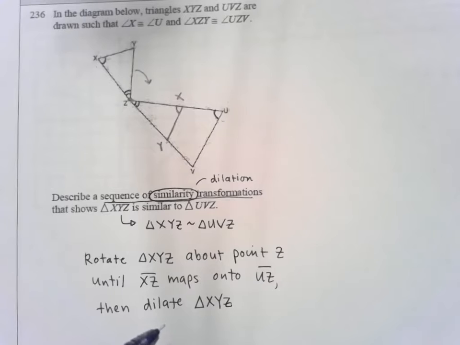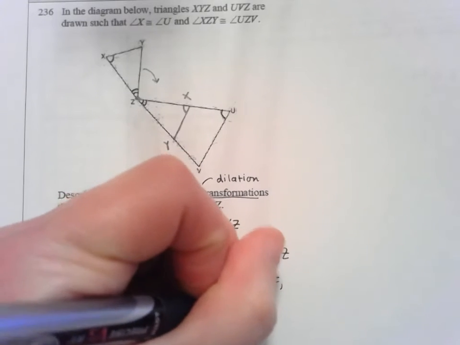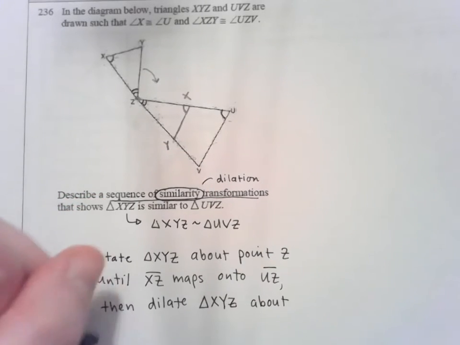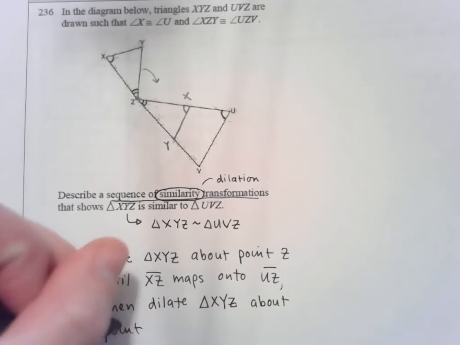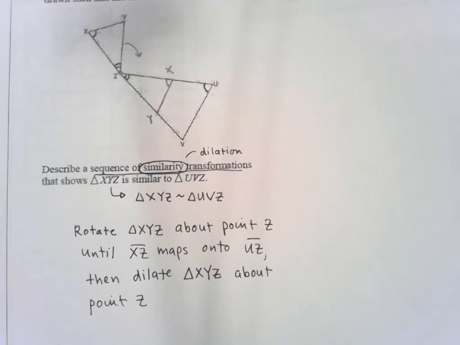Again, I need to provide a center of dilation. So I will dilate XYZ about point Z, that's that shared point. And just like I didn't give a number of degrees for the rotation, I'm not going to give a scale factor for the dilation. I'm just going to say how much I want to dilate it by telling the figure when to stop dilating.